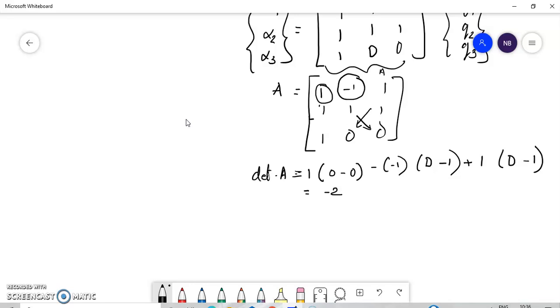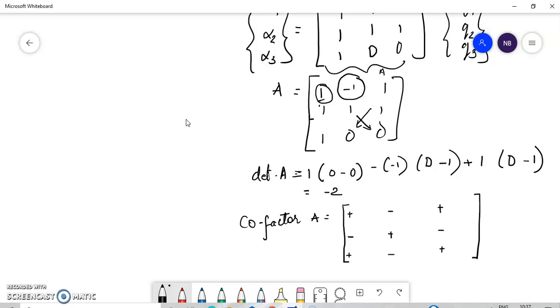Next, we need to find the cofactor of A. To find the cofactor of the first term, let us write down the signs first. Plus minus plus, minus plus minus, plus minus plus.